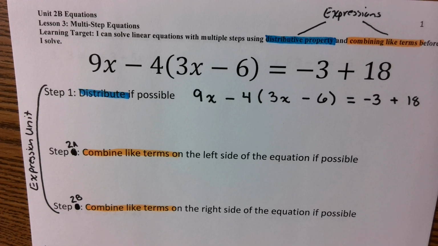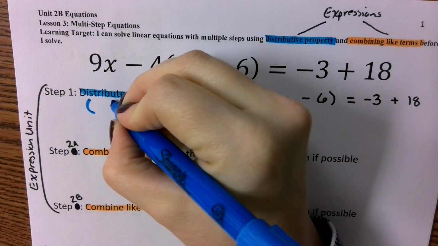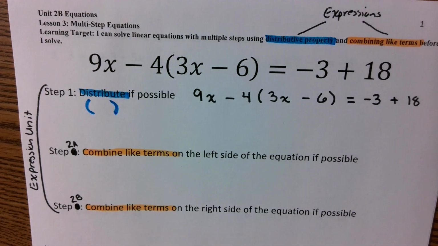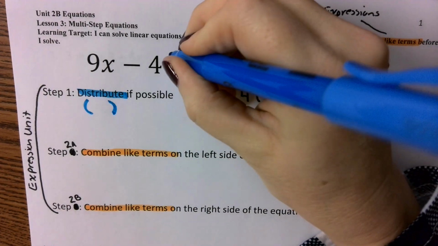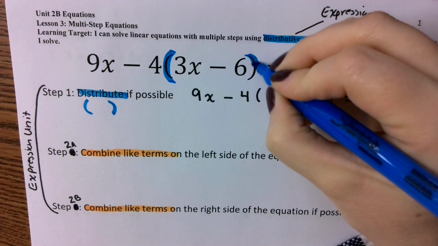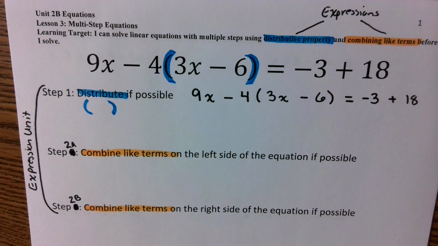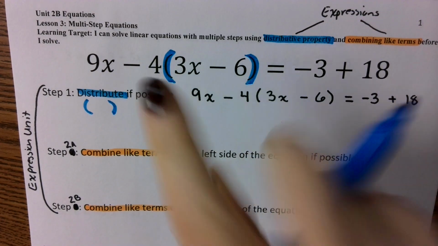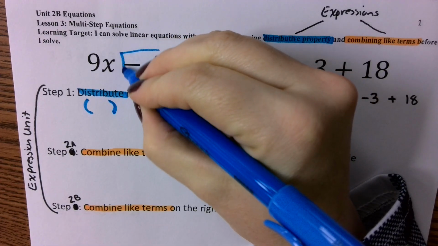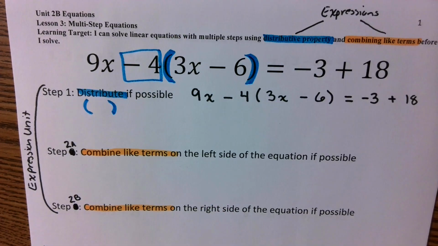Yep, there you go. If it has parentheses, distributive property is going to have parentheses. So if you need to put that down as a reminder, that is what you are looking for. If you see parentheses, which we do, right? We see parentheses right here. And we have a value outside of that parentheses. We have that negative 4 outside of the parentheses.